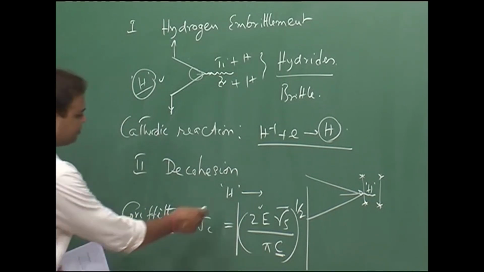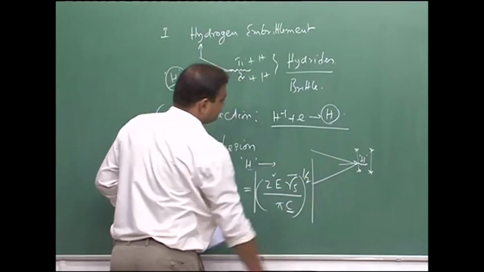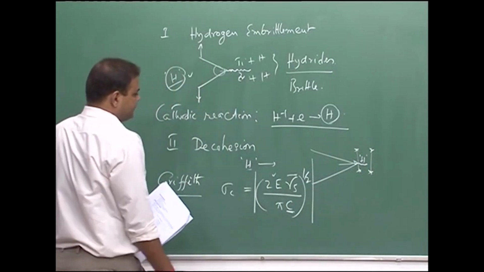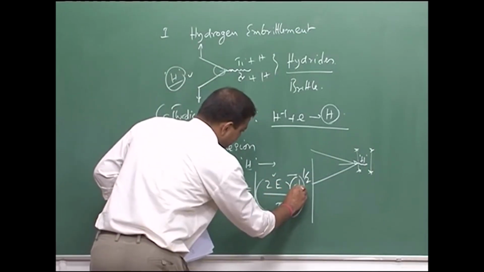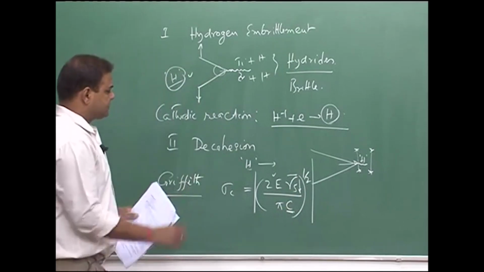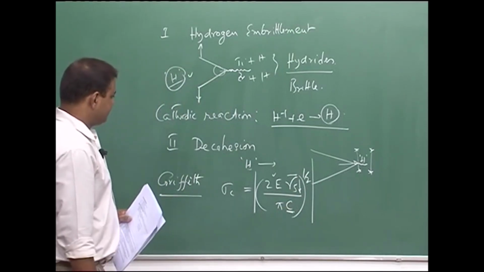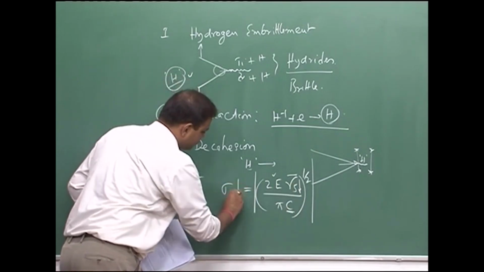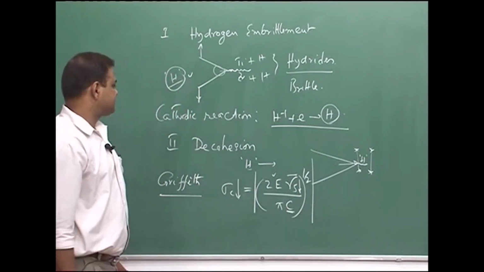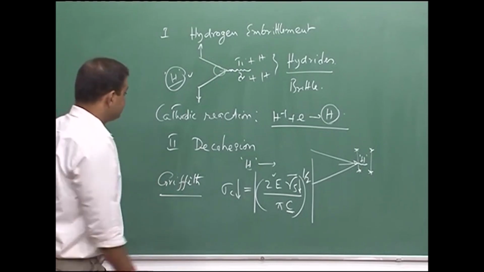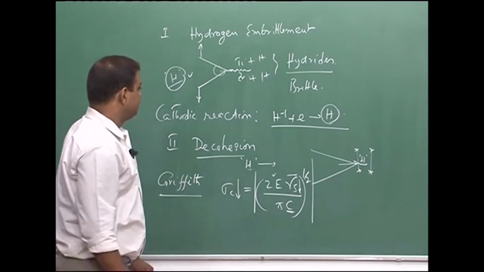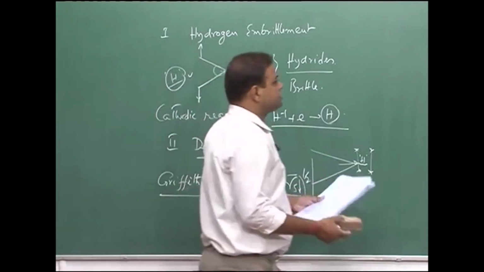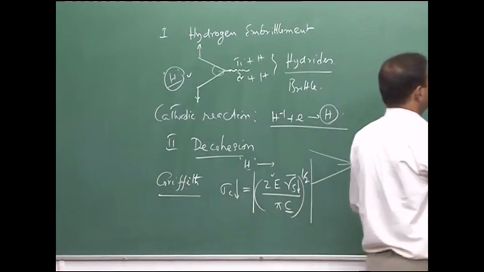Now, this atomic hydrogen goes inside the bond, and the surface energy reduces, and once it reduces, you see the fracture stress would also reduce. So, at a lower stress the fracture can happen. So, this is called decohesion theory. Then you have hydrogen induced plasticity.